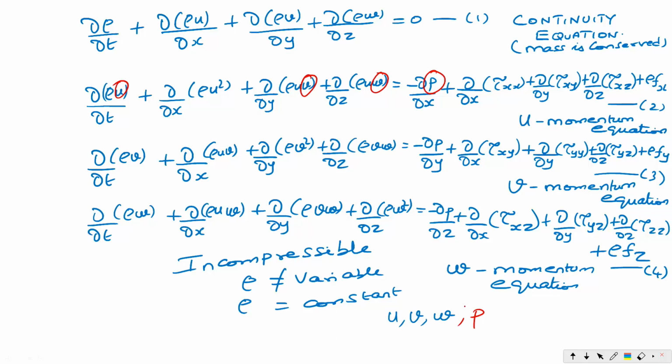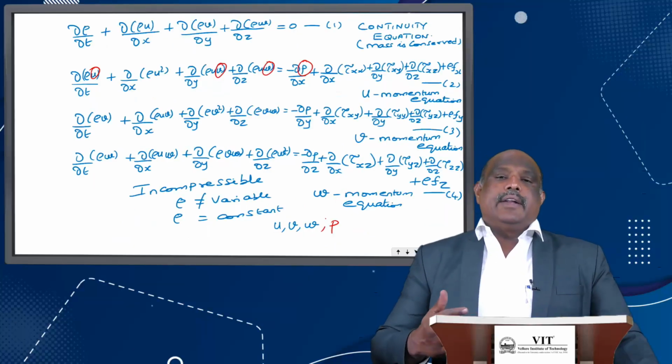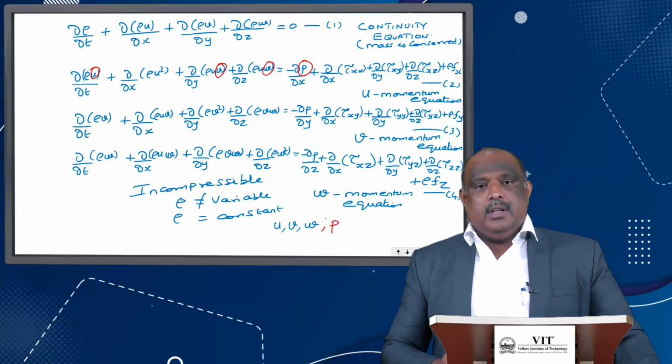In the momentum equation, there are 3 equations, but there are 4 unknowns, namely u, v, w and p. So is it possible to solve 4 variables from 3 equations? No, it is not possible. So we make use of the continuity equation also.